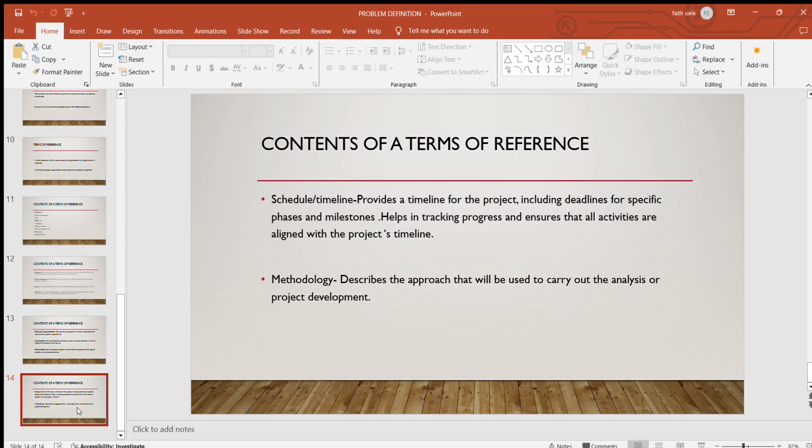It is a detailed description of the problem or issue which needs to be solved.